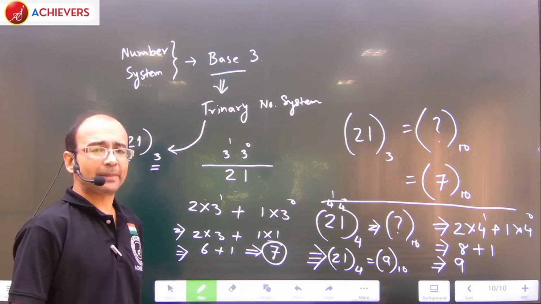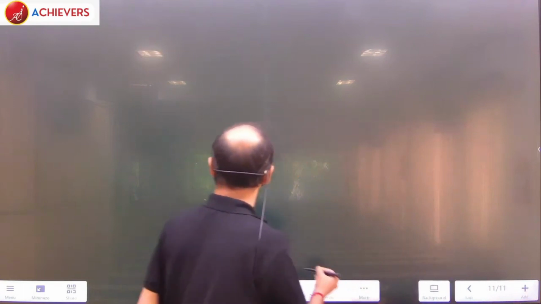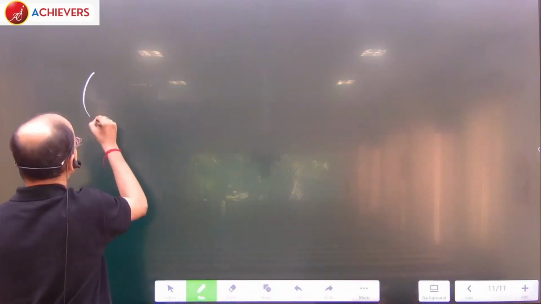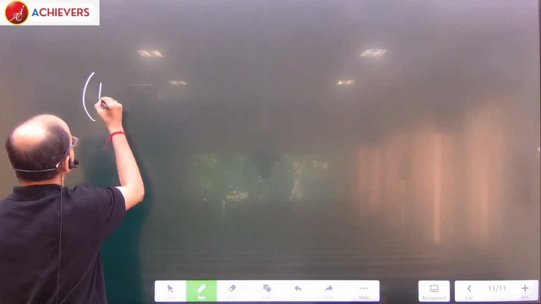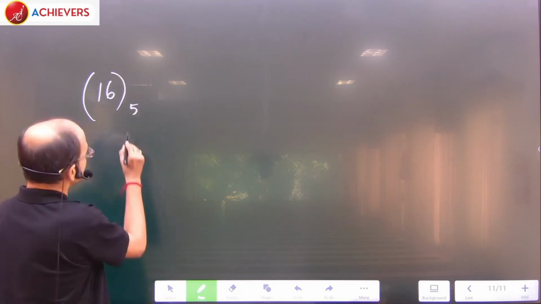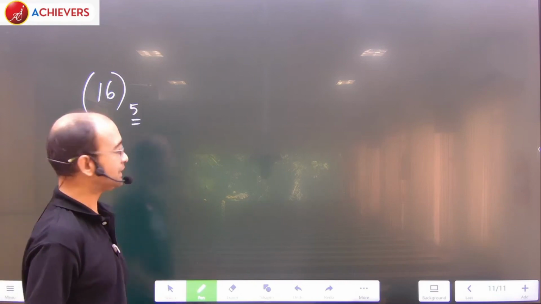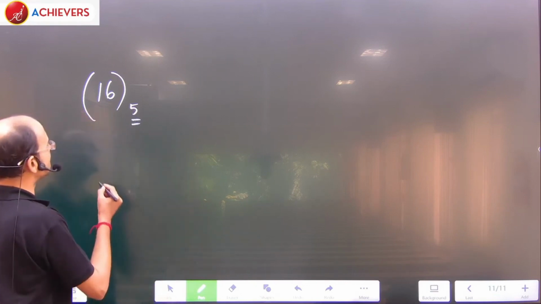Similarly, we can also have the pentanary number system. If we have a particular number, 16 base 5. So the suffix is actually defined as the base. Which base are we talking about? The number system is 5.